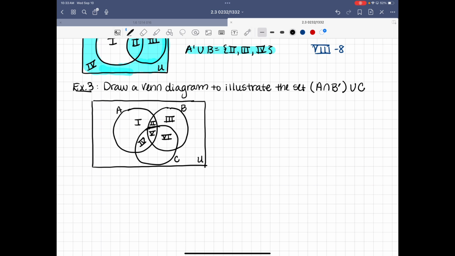Then I go to the bottom and take care of 7 in the C. The bottom chunk of C is 7. And then those that don't live in A, B, or C are 8 out there. Oh, missing a line. 8.